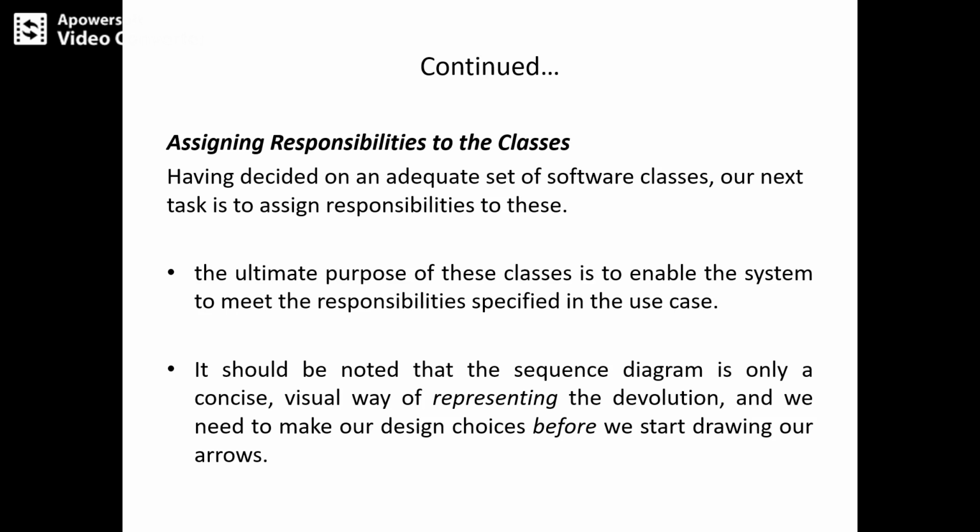We need to make our choices before we start drawing the arrows, how the arrows will be connected sequentially from one to another. This is a visual way we can easily understand how we are assigning the responsibilities from the customer or user to the simple library management system and getting back the response from the entire system.